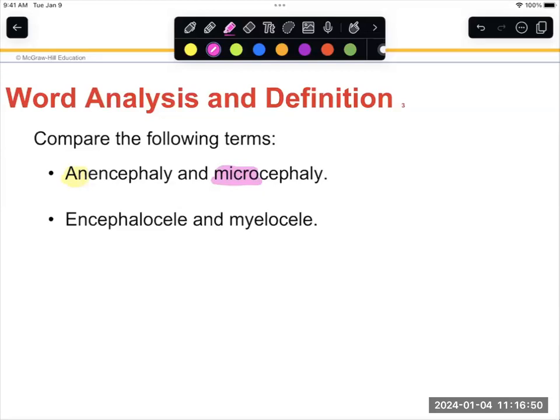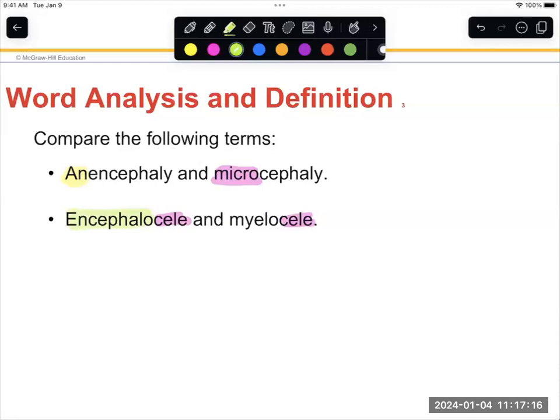Encephalocele and myelocele both share that suffix cele, meaning hernia or swelling. Encephalocele contains the combining form encephalo for brain.